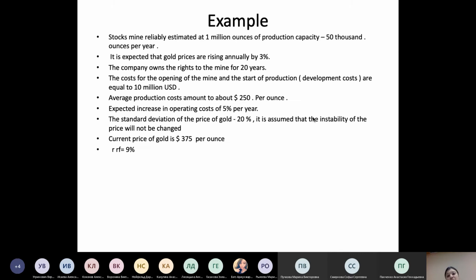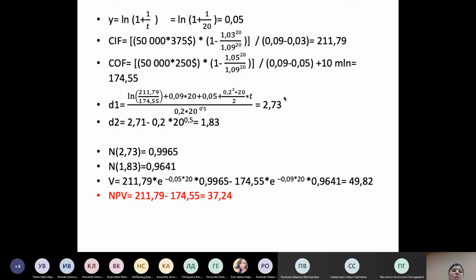The period of existence of this project is 20 years. So our y will be the natural logarithm of 1 plus 1 divided by the period of existence. It will be 0.05, our y as the component.